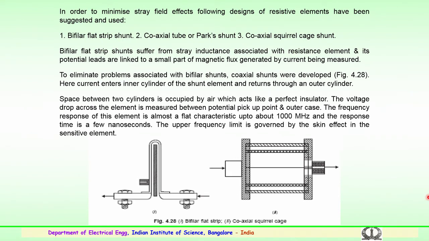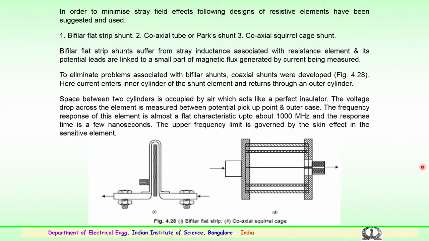So, here current enters between the cylinder of the shunt element and returns through the outer cylinder. The space between the two cylinders is occupied by air which acts like a perfect insulator.